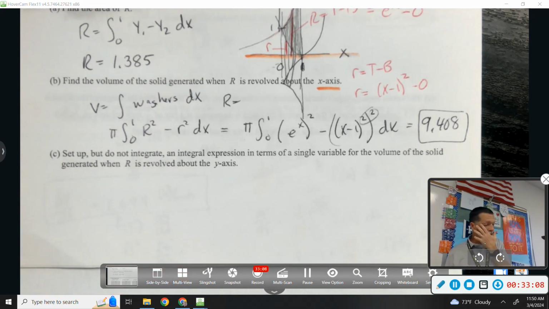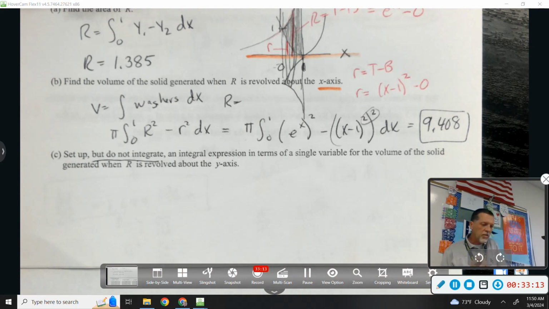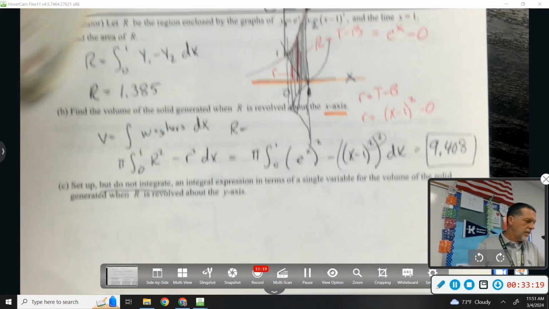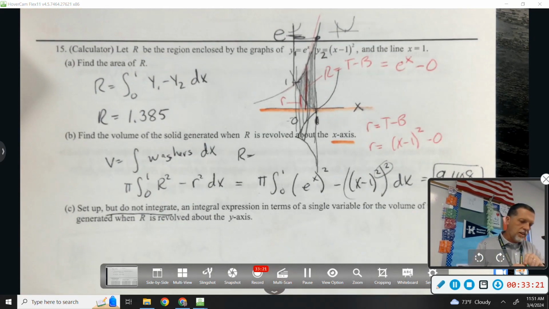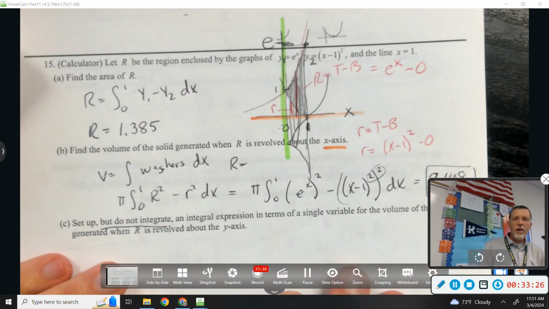And then lastly, set up but do not integrate an integral expression in terms of a single variable for the volume of the solid generated about the y-axis. Oh, yuck. Because there's the y-axis.